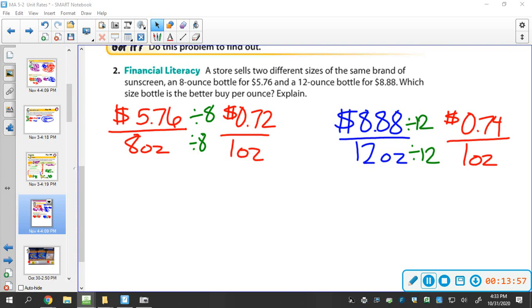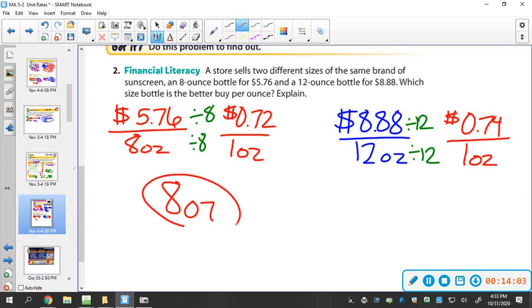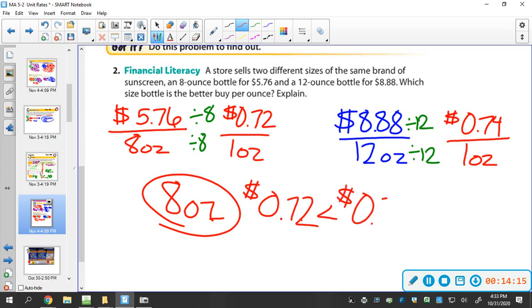So when it says which bottle is the better buy per ounce, that would be the 8-ounce bottle. And if they want an explanation, you can say that it's because 72 cents is less than 74 cents.